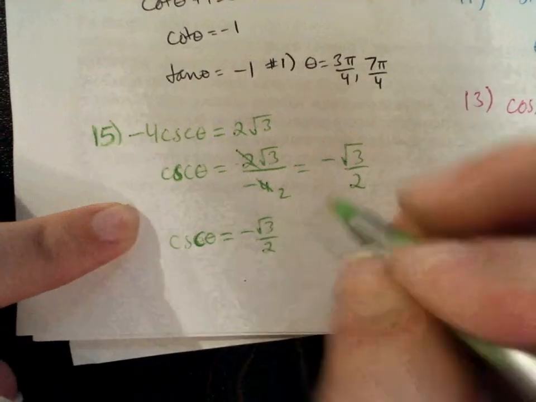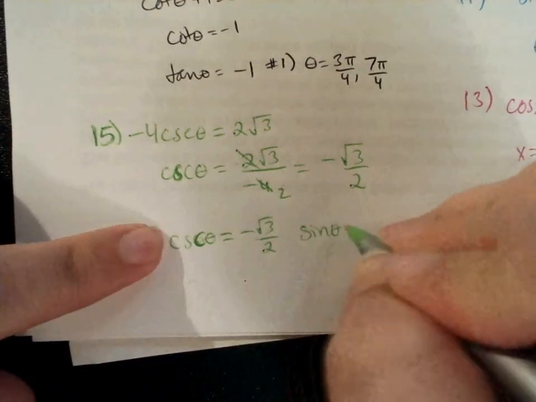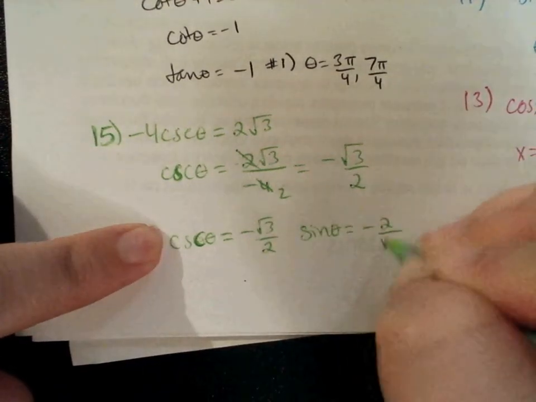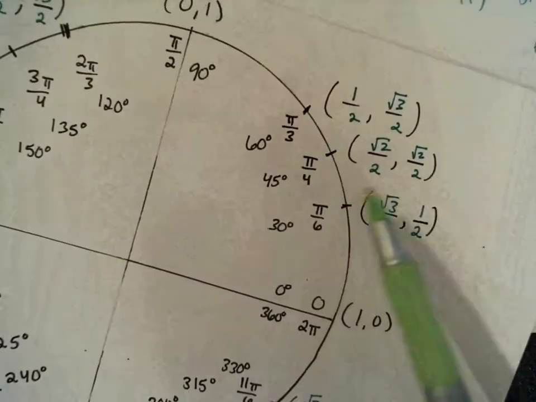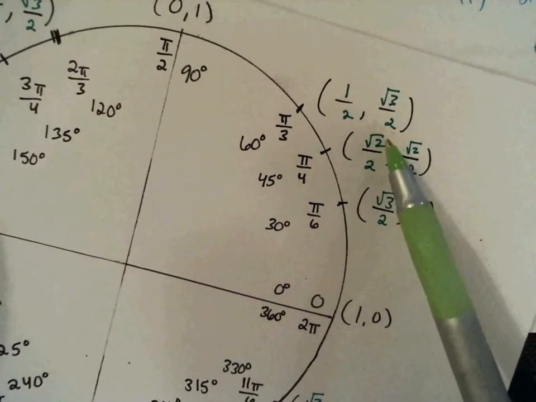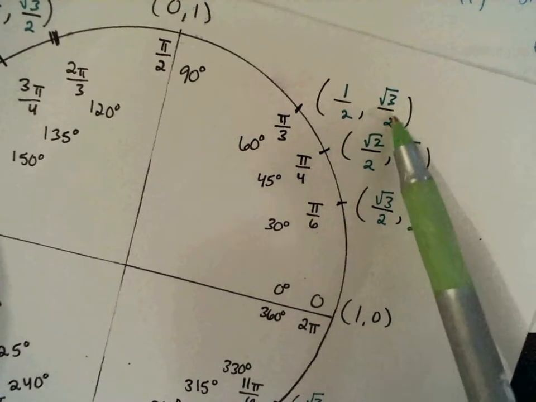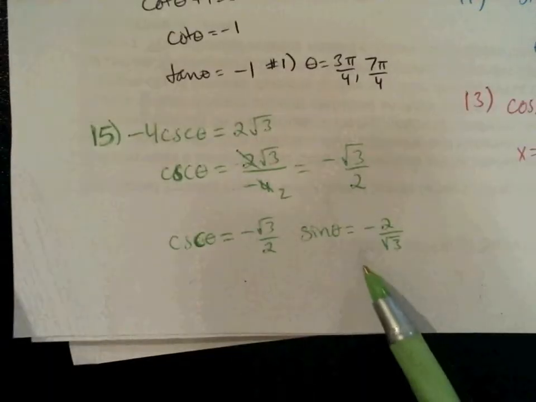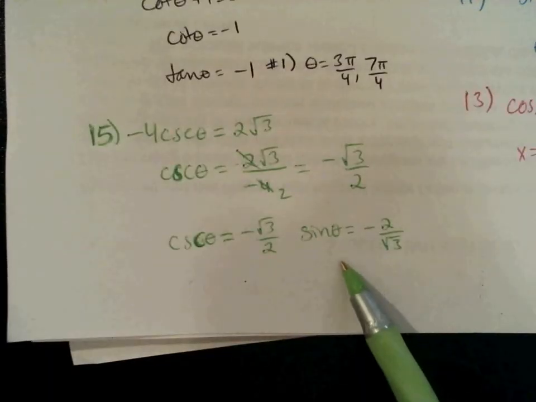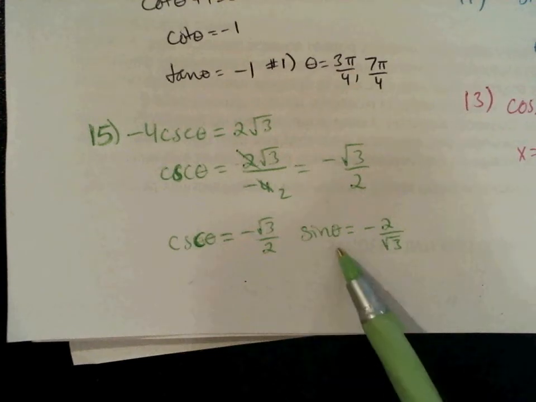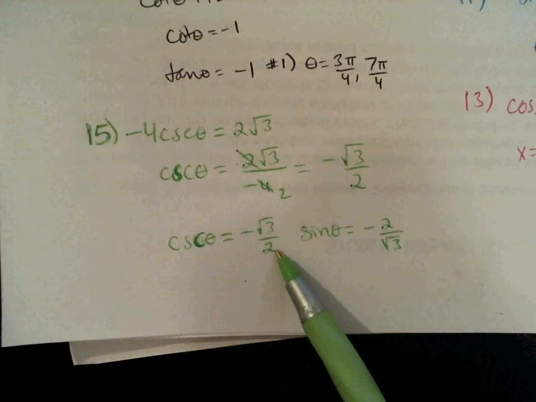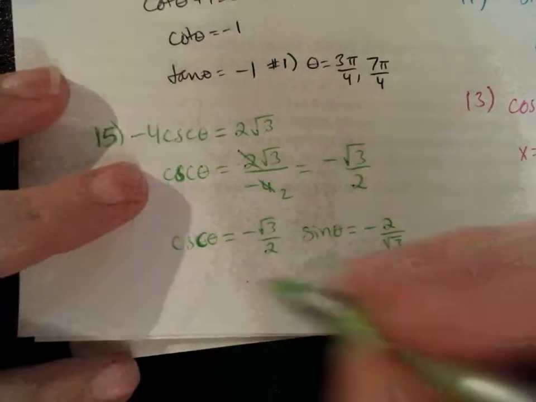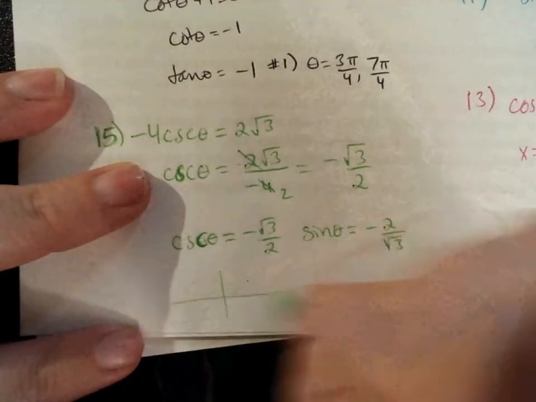So here's the thing. Cosecant equaling negative square root of 3 over 2 means that the reciprocal sine equals -2 over the square root of 3, and that's just not the case. If you look on the unit circle, I know where sine equals square root of 3 over 2, but not where sine equals 2 over the square root of 3. And in fact, it never will equal that, okay?